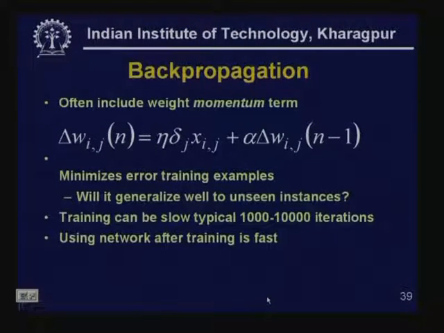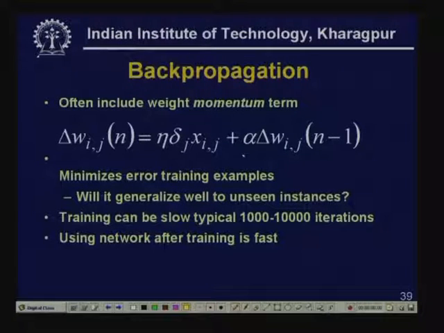Now, there are some variations to backpropagation that people consider. Apart from the delta term, that is eta delta j xij, some people add another term called the momentum term, alpha delta. So, what is the momentum term? The momentum term takes contribution from the previous value of delta wij. Why is the momentum term used?